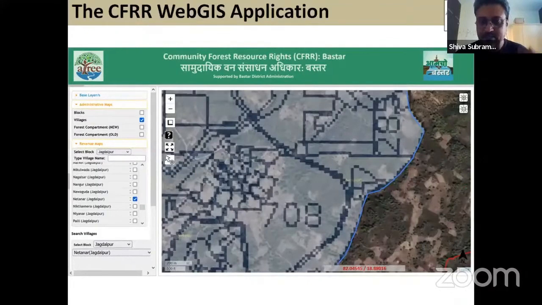If you see here, we have several tools in this WebGIS application, like doing cross-layer geospatial queries, or even reducing the opacity, or measuring the distances, measuring the areas, and that kind of tools.